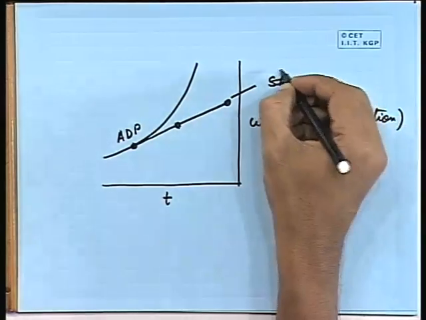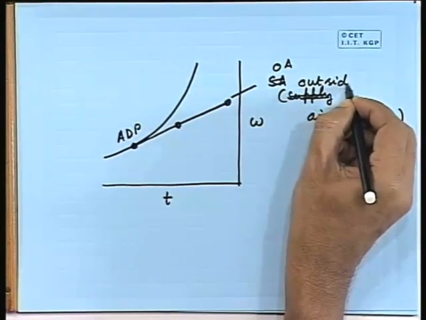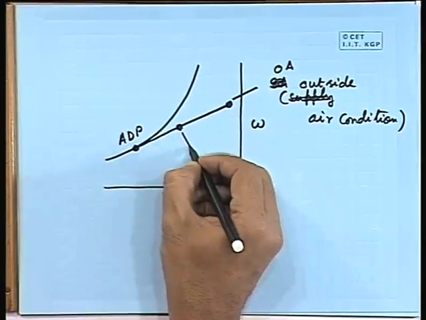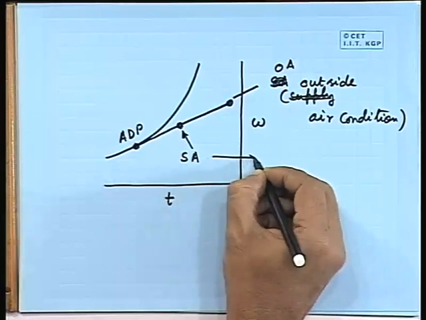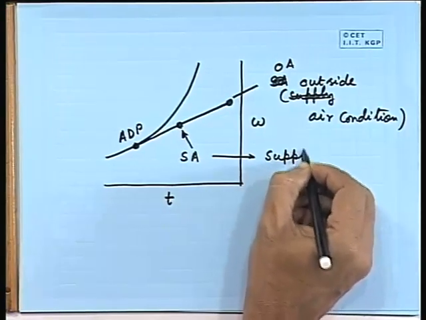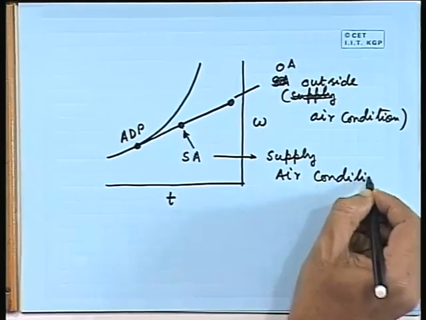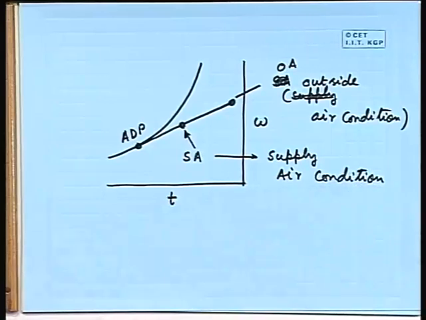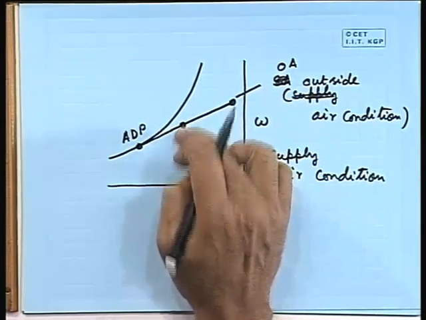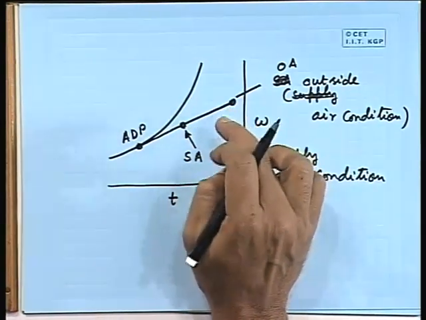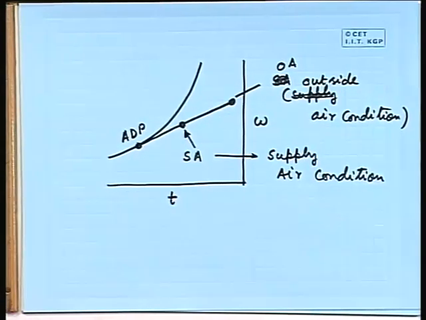Let me again mark OA, outside air condition, and let us call this SA, supply air condition, because this is supplied to the room. So, it will be somewhere on this straight line joining the outside air condition and ADP, apparatus dew point temperature.